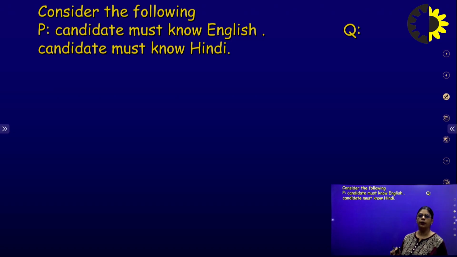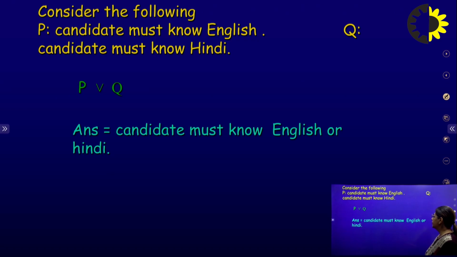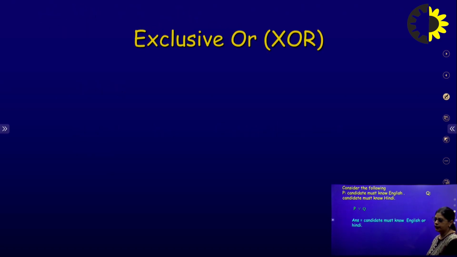Here, we are only making the propositions. We are not checking their truth values, right? Now, the next statement: P is candidate must know English and Q is candidate must know Hindi, right? So, then P or Q is candidate must know English or Hindi.